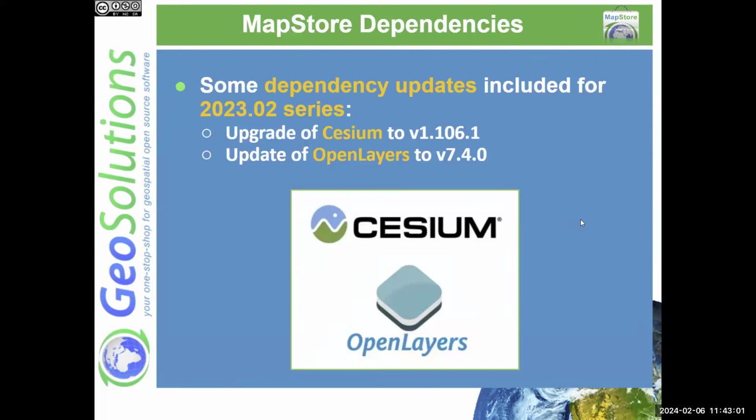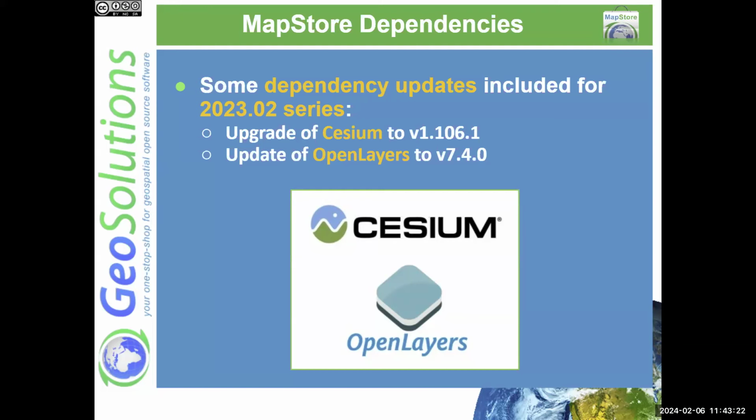There were also some updates related to Cesium and OpenLayers. We always keep the libraries updated to the latest possible release, including the introduction of the latest 3D Tiles 1.1 in Cesium.